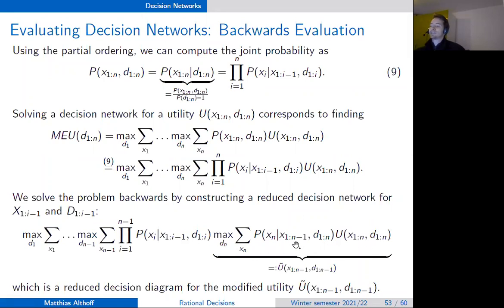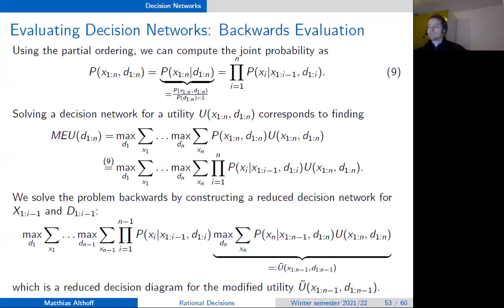And then we can, by a divide and conquer approach, start with the last decision, then repeat this with, again, the remaining decision problem, which has a next last decision and the next last decision and so on. Step by step, we compute the best decision for each remaining problem.